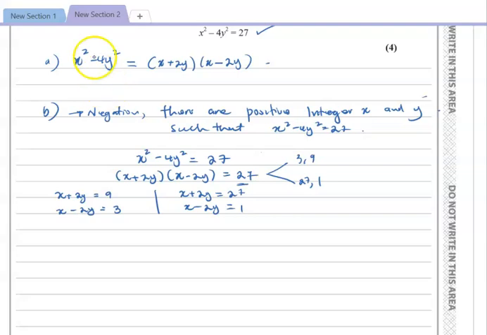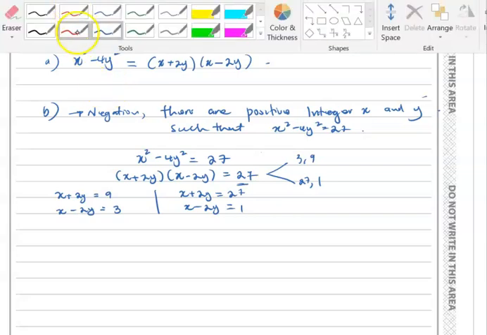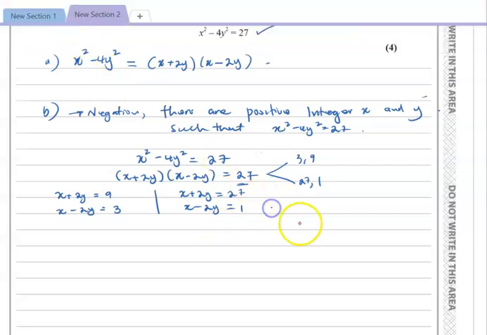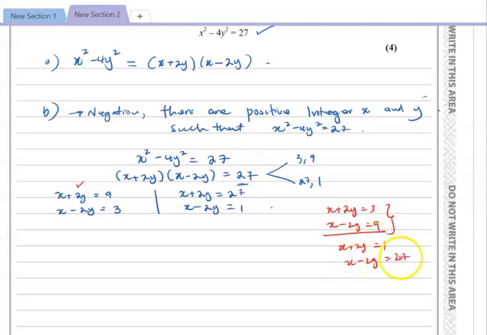One other thing you have to be careful about is that someone can ask, what if you say that x plus 2y is equal to 3 and x minus 2y is equal to 9? Or why didn't you say that x plus 2y is equal to 1 and x minus 2y is equal to 27?